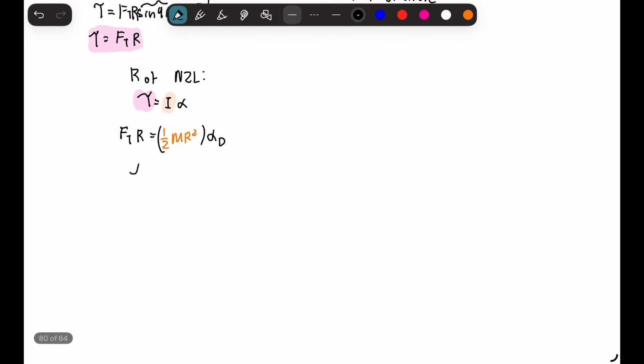So solving for alpha of the disk, this is going to equal Ft r divided by 1/2 mr squared. And we can cancel out one r. So we're left with Ft over 1/2 mr. And we want to move that 2 to the top, so we can switch this to 2 Ft over mr. This is going to be our solution for part A.